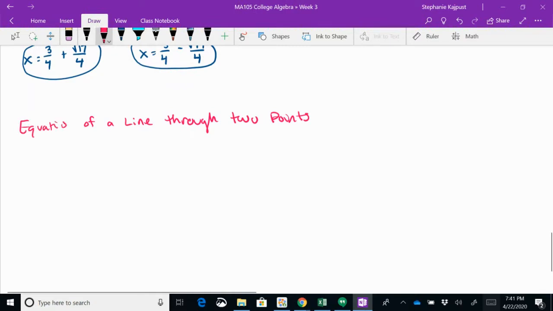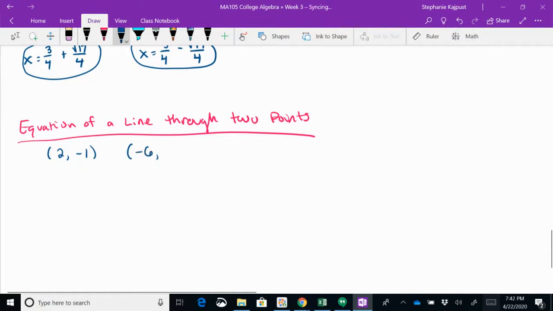So we'll do the equation of a line through 2 points, because you have to find the slope first, and then go from there. So let's say we have (2, -1) and (-6, 4).